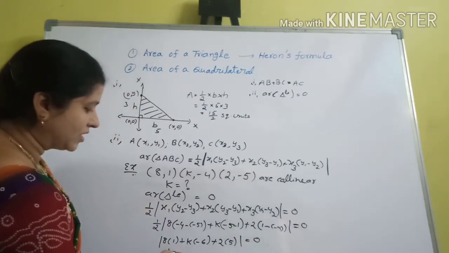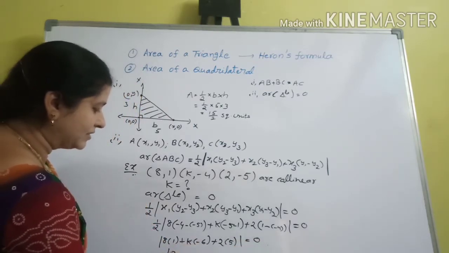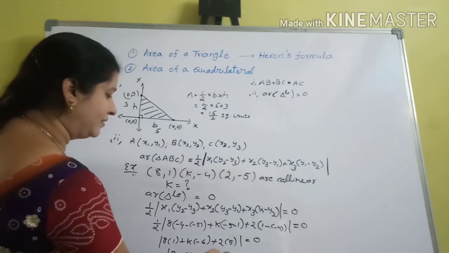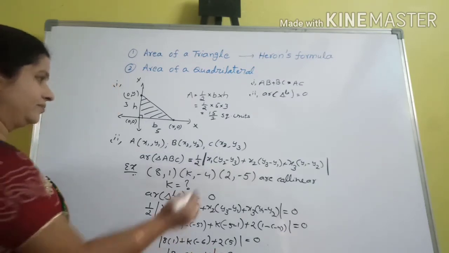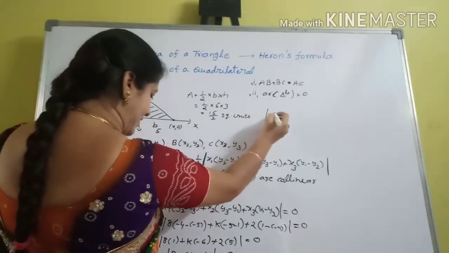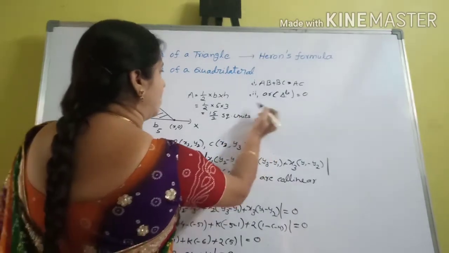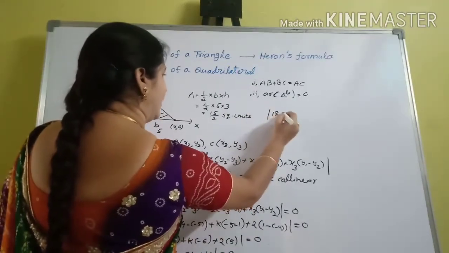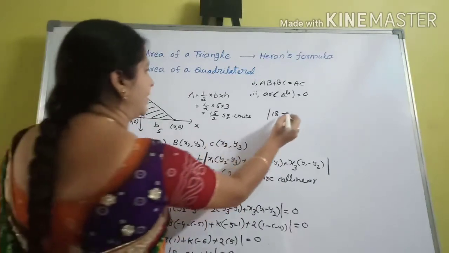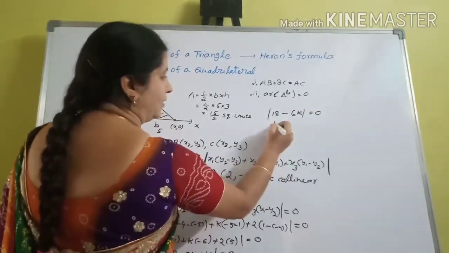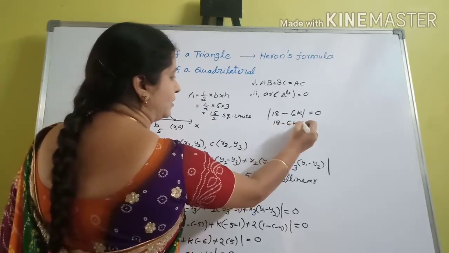So modulus of 8 minus 6k plus 10 equal to 0. So 10 plus 8, 18. Modulus of 18 minus 6k equal to 0. So finally 18 minus 6k equal to 0.